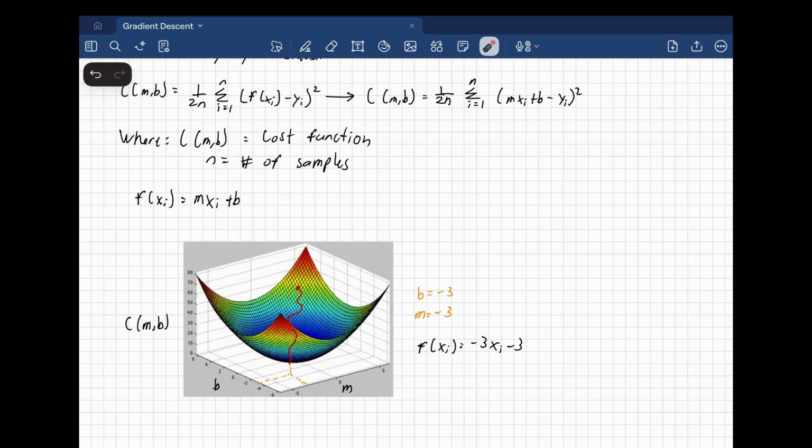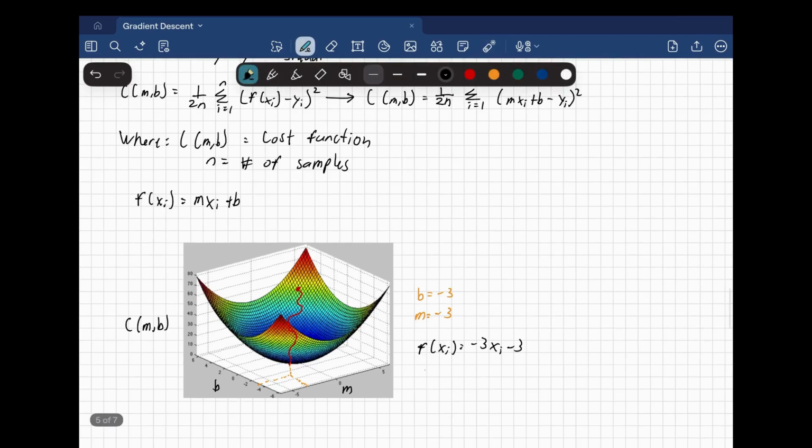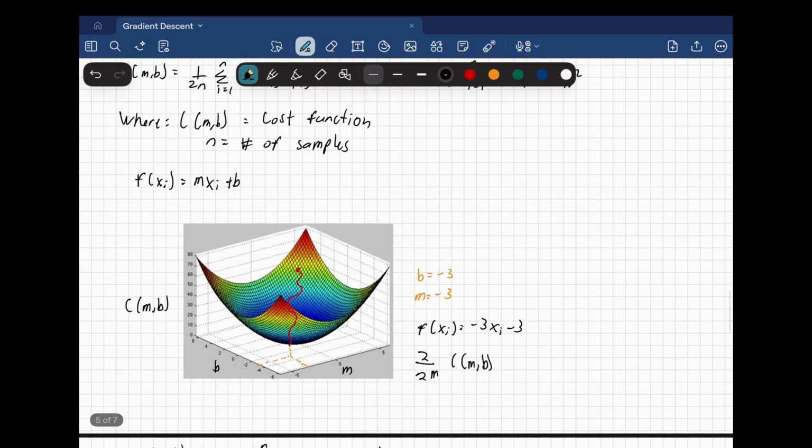Partial derivatives measure how the cost changes with respect to one variable at a time. So we need the partial derivative of the cost function with respect to m, and, sorry, I mean the partial derivative of the cost function with respect to b.